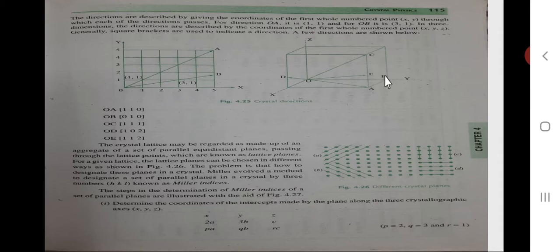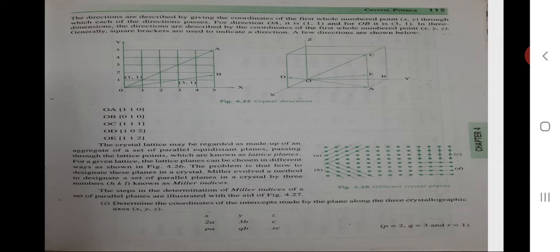The directions are described by giving the coordinates (x, y) of the first whole numbers point through which each of the directions passes.